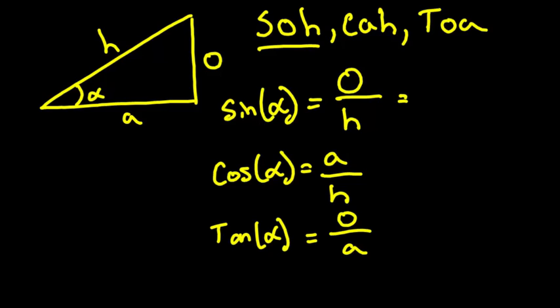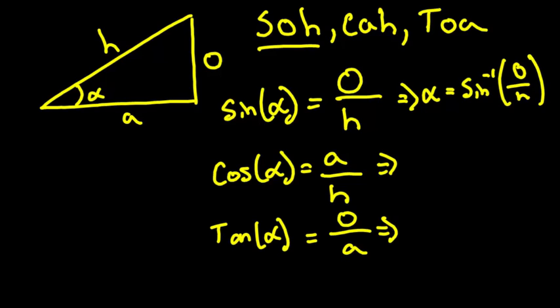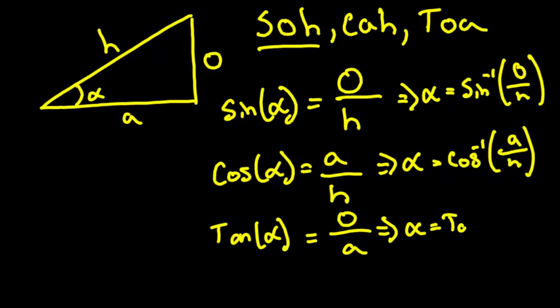So that if we wanted to find the angle itself using sine, this would be the inverse sine of the opposite over the hypotenuse, and if we're doing cosine, the inverse cosine of the adjacent over the hypotenuse, and the angle alpha in terms of tangent would be the inverse tangent of the opposite over the adjacent.